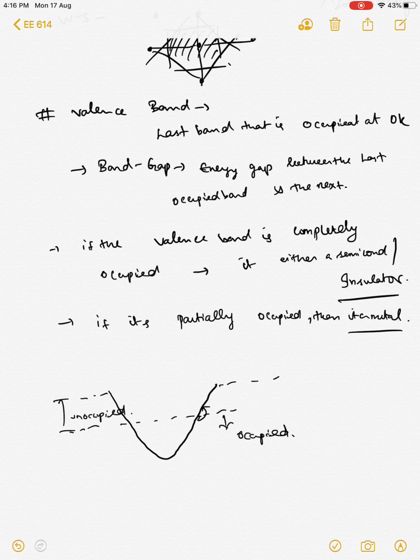If there is no real distinction or delineation between the unoccupied and occupied energy levels, then when you apply a small electric field, think about it, right?